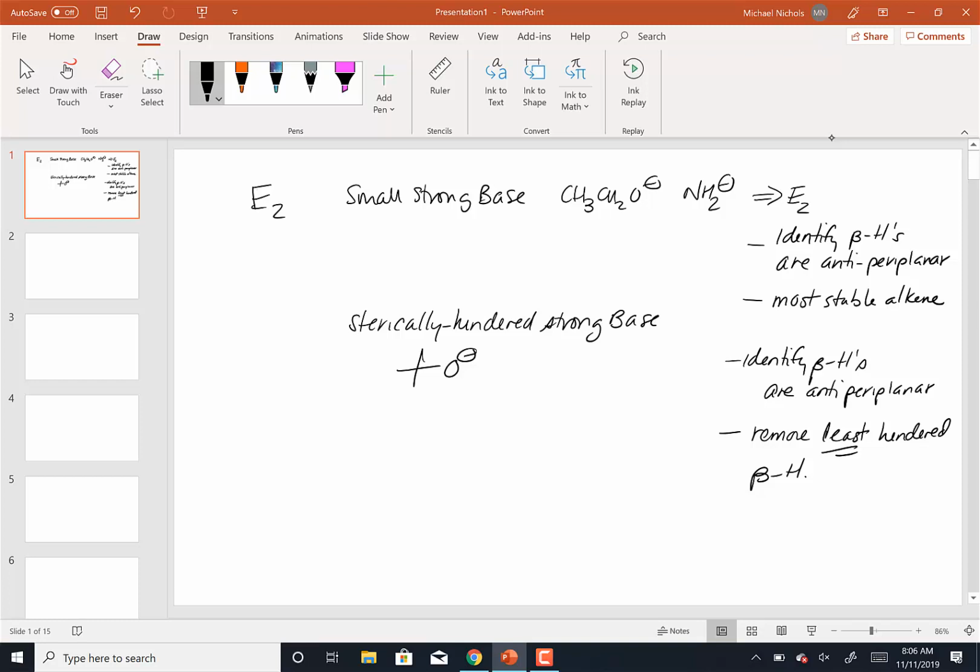Once you find that, then it's the choice of, if there is a choice, most stable for small versus removing the hydrogen that is the least hindered if it's tertiary butoxide. Okay. And so we did the acyclic systems where you had to rotate the sawhorse projection to get the groups anti-periplanar to each other. Now we need to make that go into rings.